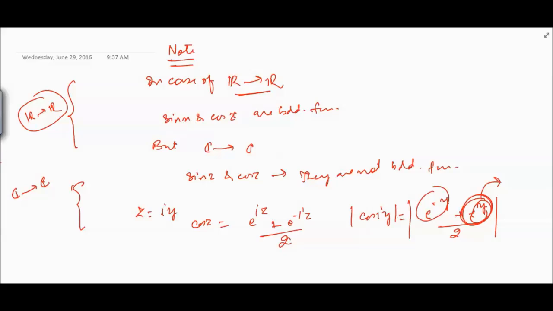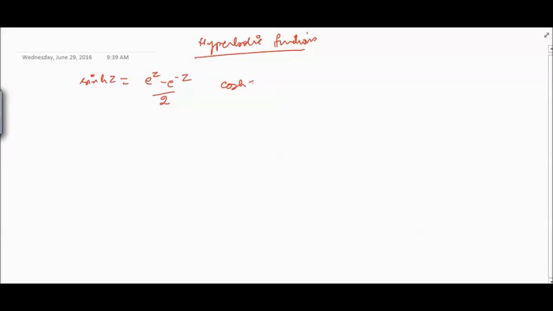So the last thing which I want to mention is that we define something called hyperbolic functions, right? What are hyperbolic functions? We define sine hyperbolic of z as (e^z minus e^(minus z)) upon 2, and we define cos hyperbolic of z as (e^z plus e^(minus z)) upon 2.